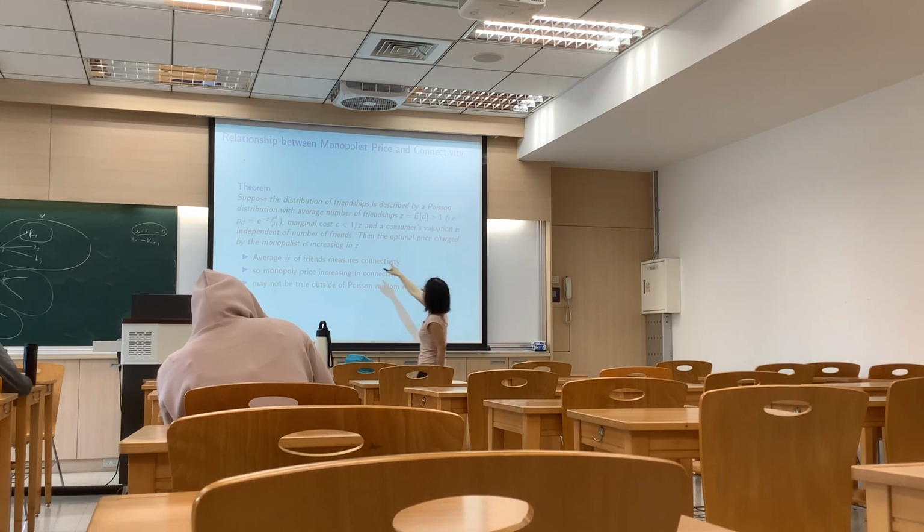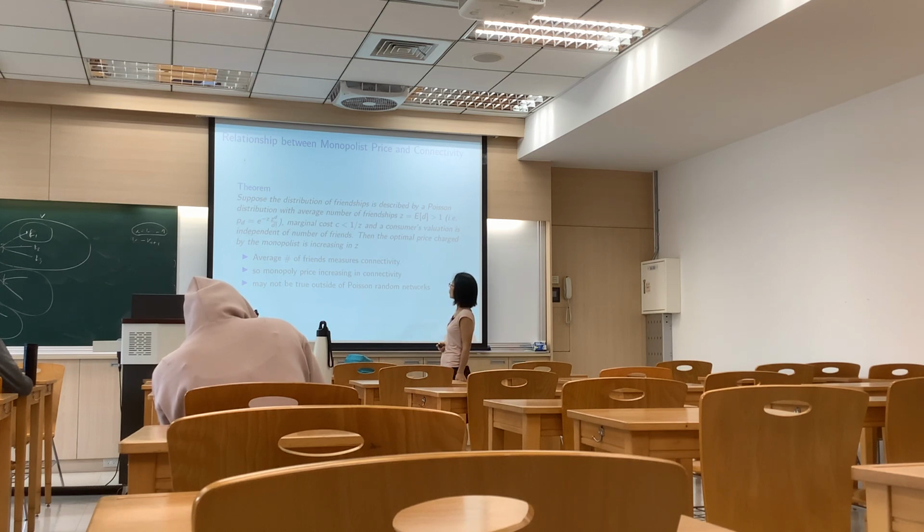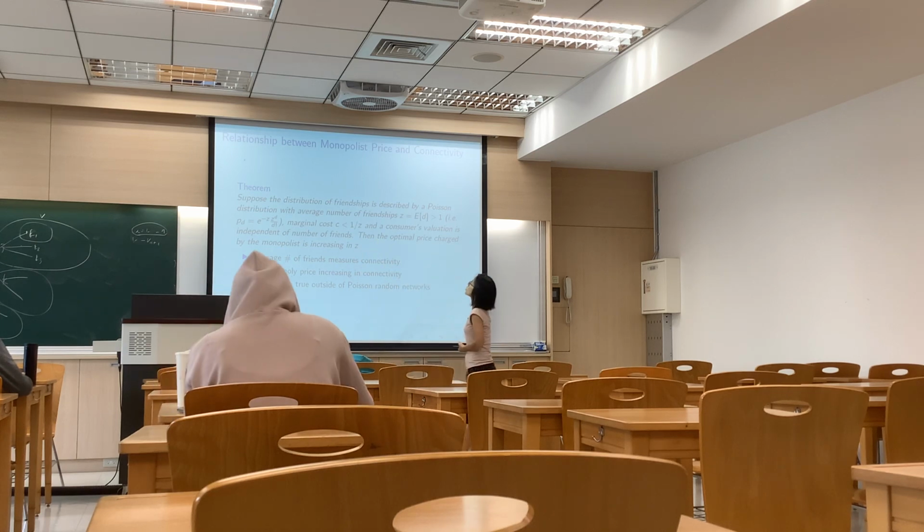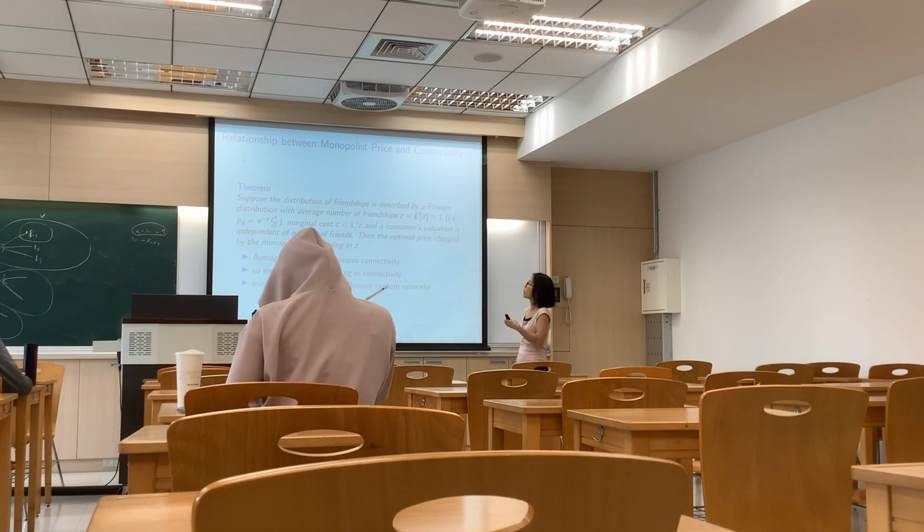And then we need marginal cost to be smaller than 1 over z. And we also assume that the consumer's valuation is independent of number of friends. So it's the original assumption plus that the distribution of friendship is described by a Poisson random network.